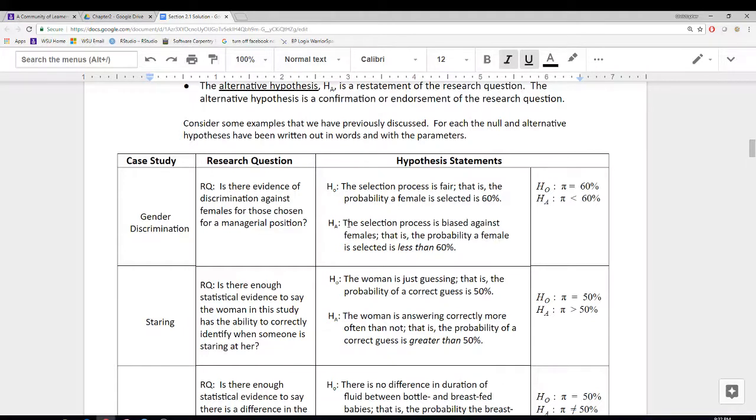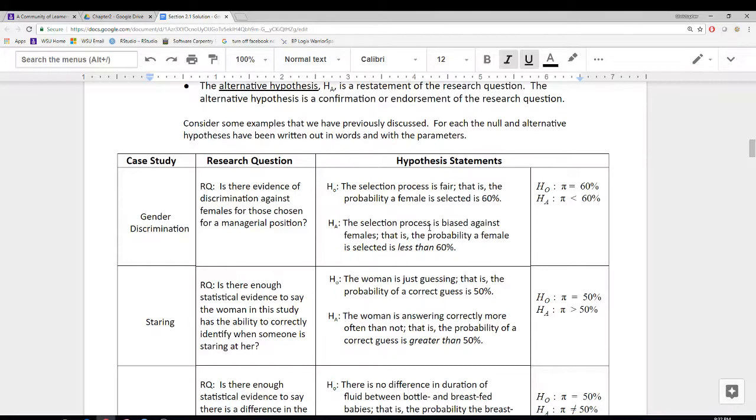Now, the alternative hypothesis is where the research question is placed. So we were curious of whether or not there is discrimination against females. If that's the case, then the selection process is biased against females. And in particular, the parameter value would actually be less than 60%.